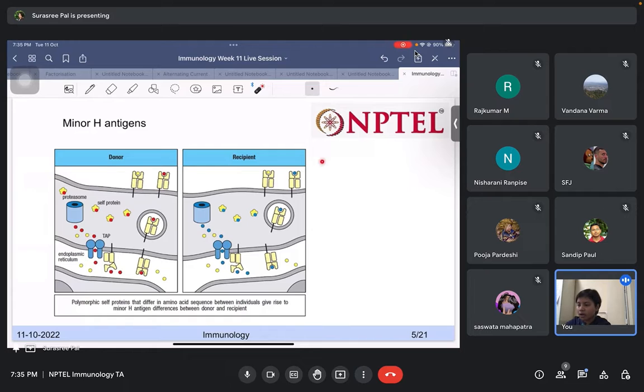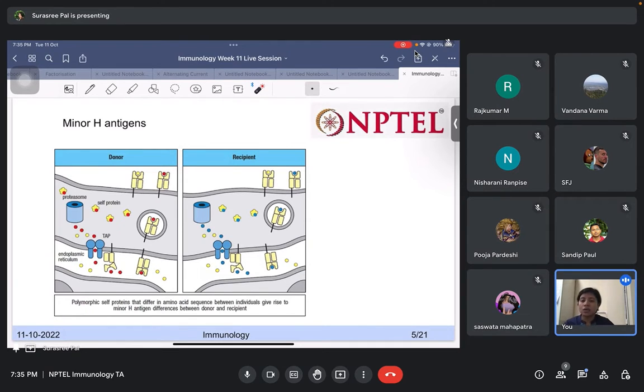So in this recipient, this particular red antigen bound to this particular MHC will be recognized as foreign, and therefore the recipient's T cells will launch an immune response against this donor's polymorphic proteins.